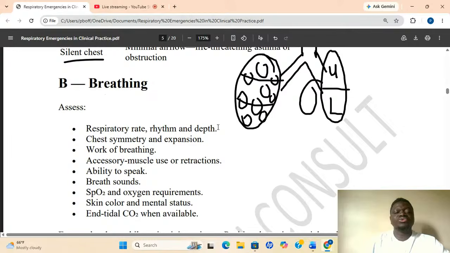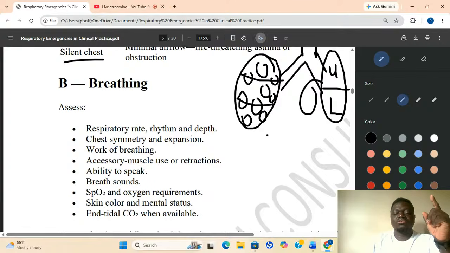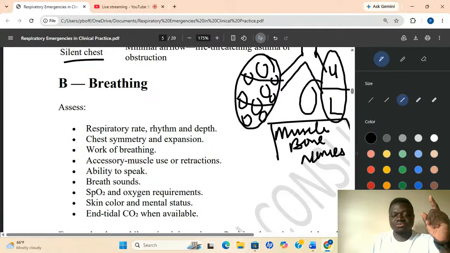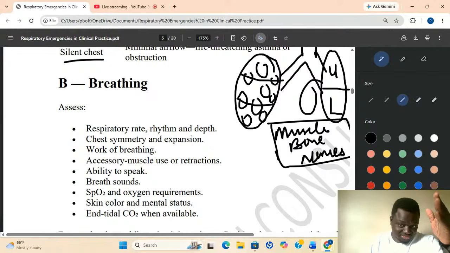Now let's go to breathing. With breathing, we are looking at the muscles and the bones and the nerves. Most of the time they don't consider the nerves, but the muscles and the bones.